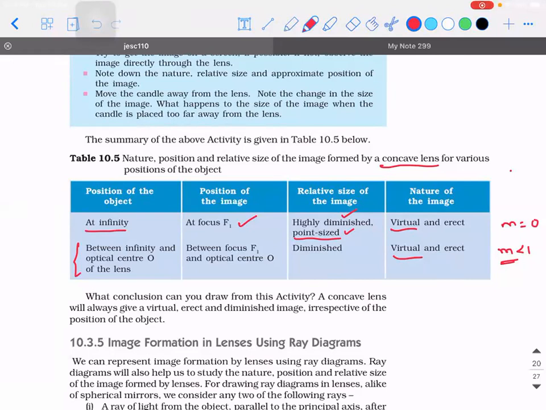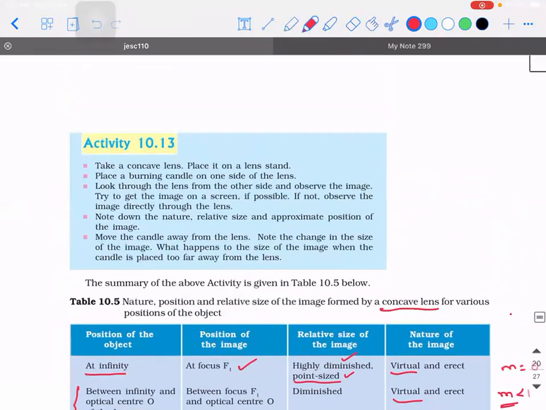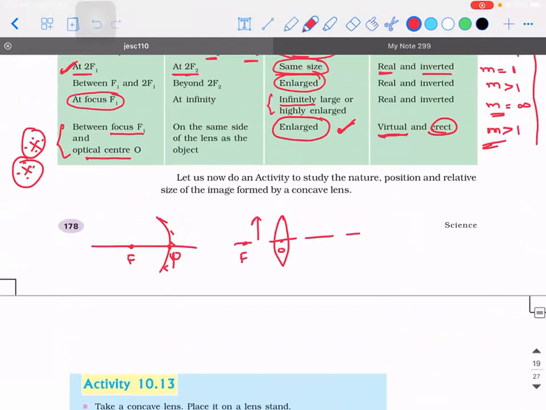Give me a scenario with respect to lens where the image is virtual and erect and also magnified. What is the answer? Magnified means enlarged. So what is the scenario? Between F and O in a convex lens. Lens, F and O are the keywords for you to get marks.